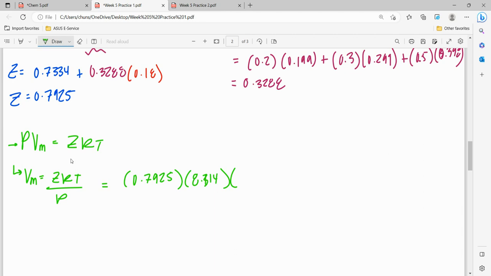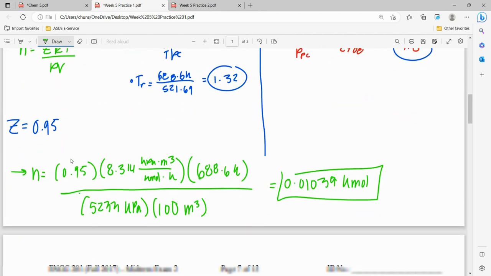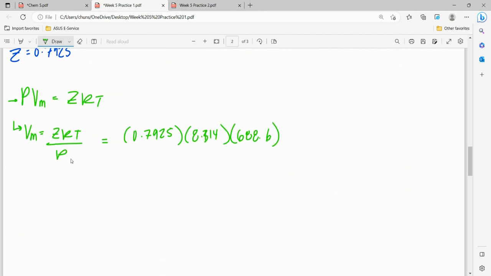And our temperature was 688.6 Kelvin, over our pressure, which is given by 5,233, I believe.